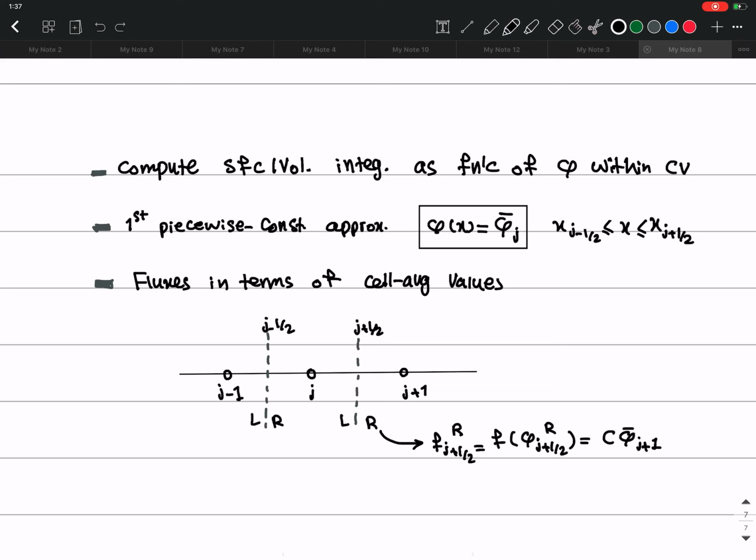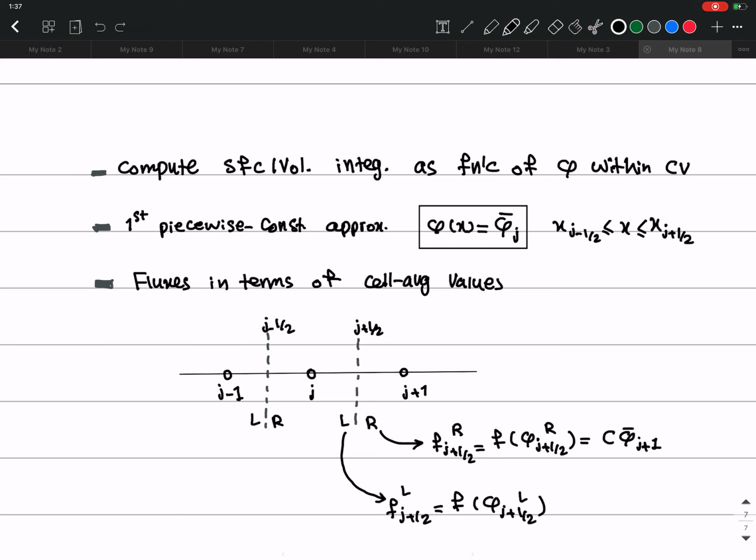But on the other hand, if I want to evaluate f j plus 1/2 at the left side of this boundary, it is going to be f of phi j plus 1/2 at the left, and this means I am somewhere here. So if I'm here, what does that mean? This means that I am in this cell.